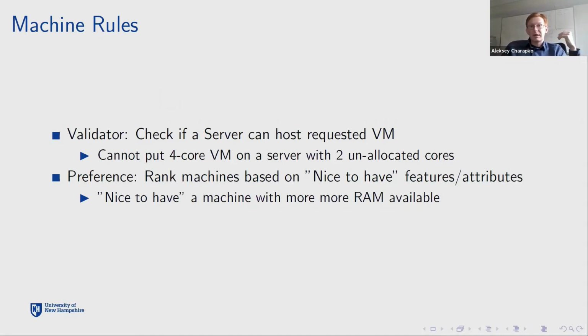So, for example, it may be nice to have a machine that has more RAM available, or an underutilized machine, or maybe your VM is asking for some specific location for fault tolerance. So this may be expressed as a nice-to-have attribute.